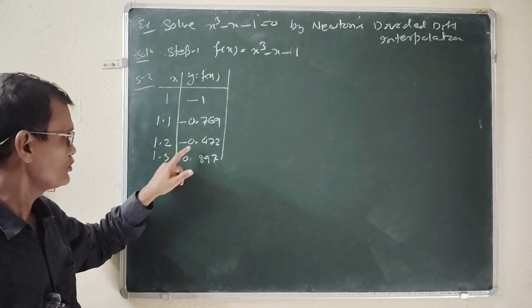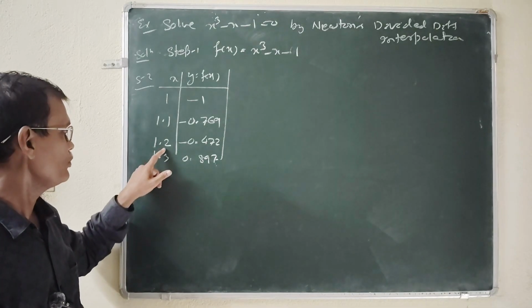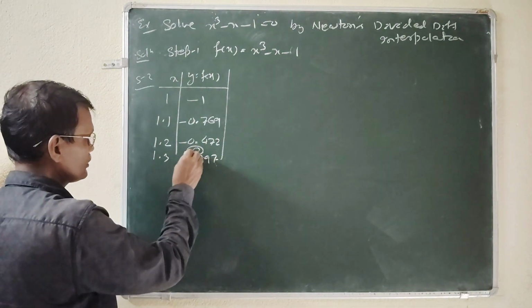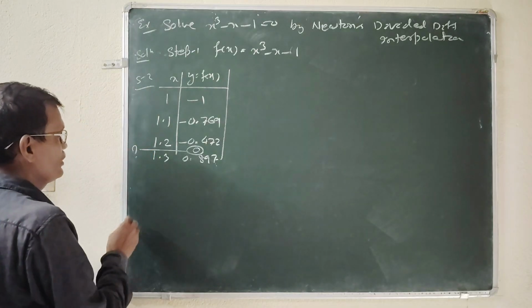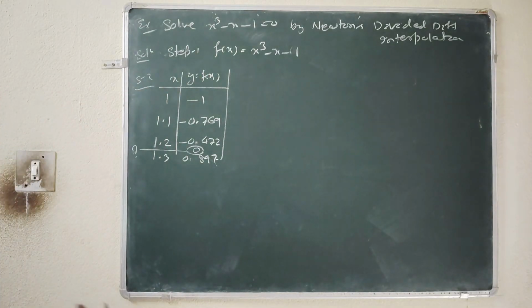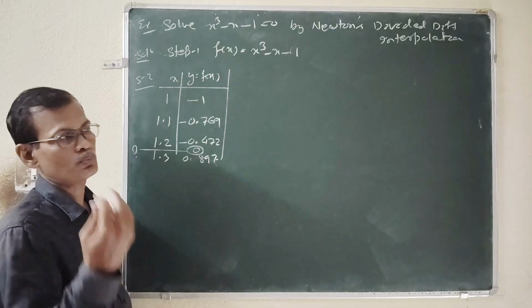So the question is, if 0 is here, what is the corresponding value of x? If we are able to find this, that is the purpose, the value of x for which f(x) is 0, and this is nothing but an inverse interpolation technique.